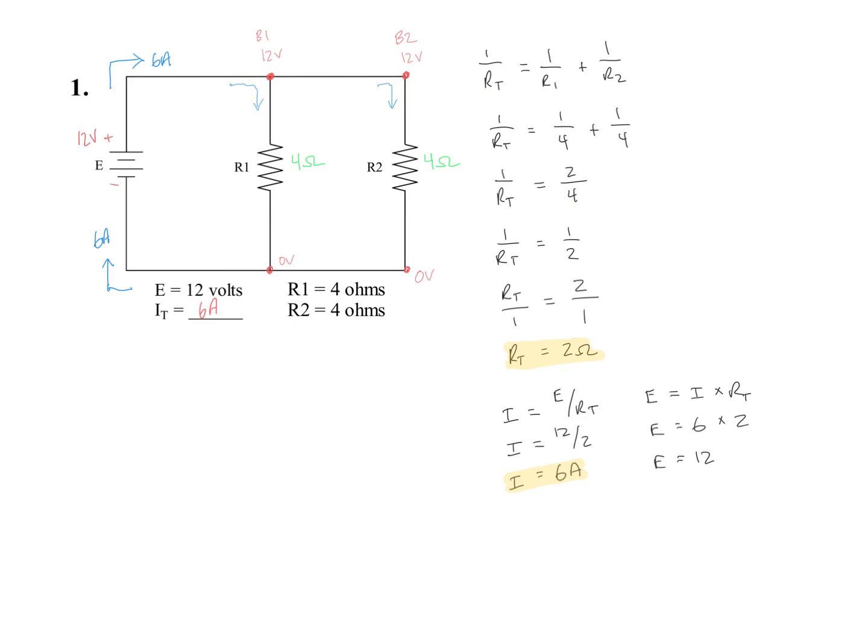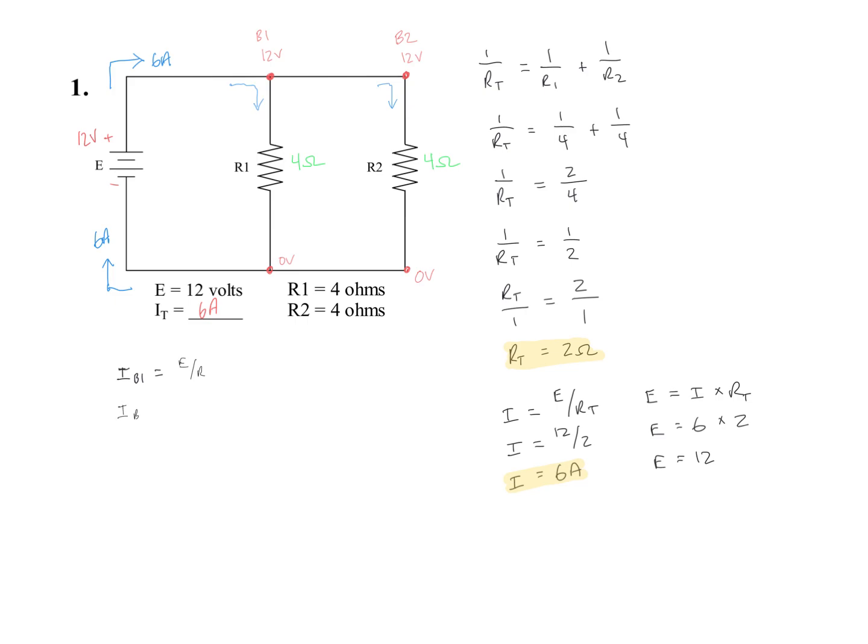So in order to determine that, for branch 1, if I wanted to determine current flow, I would write that maybe like current of branch 1 is equal to the voltage divided by the resistance.